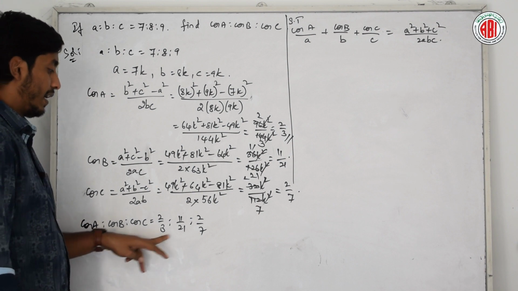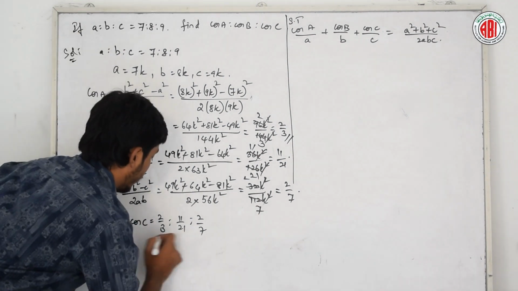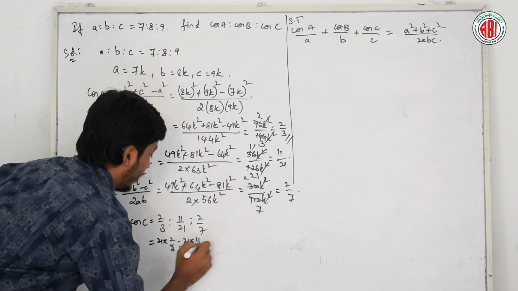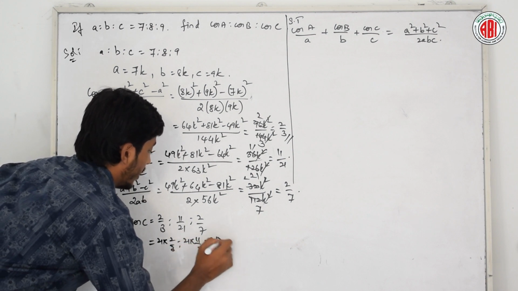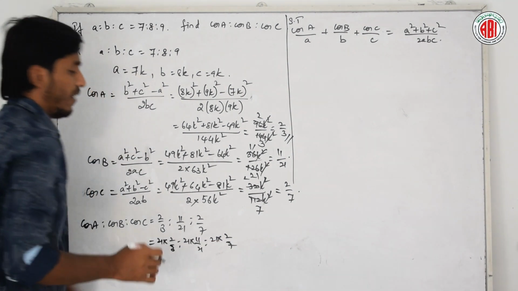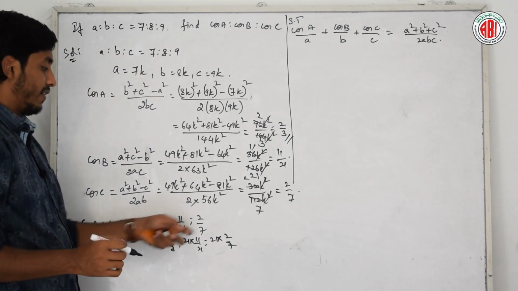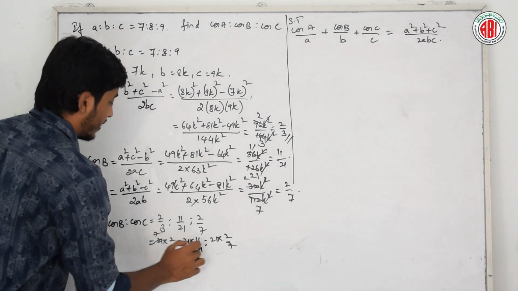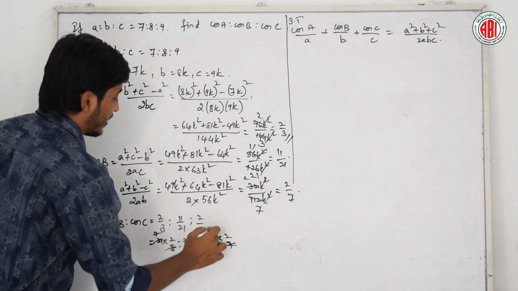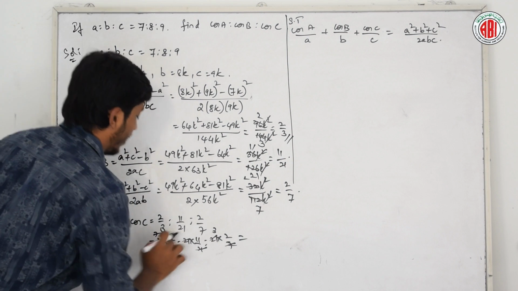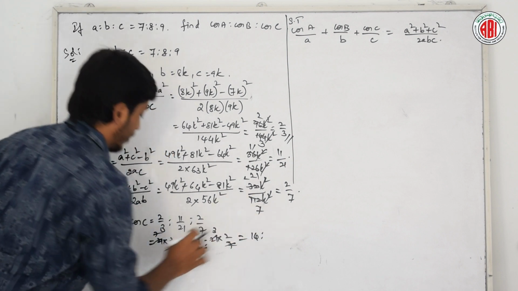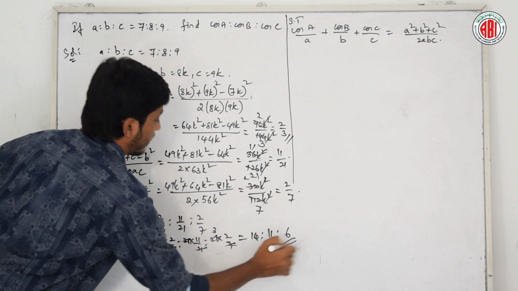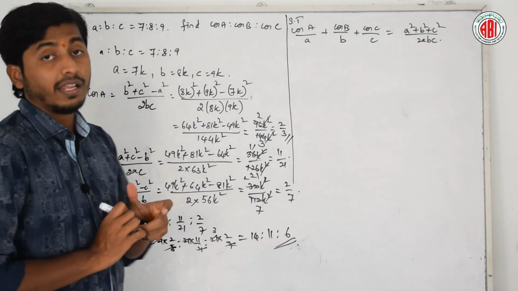If you multiply 21 to the 3 numbers, you will get 21 into 2 by 3 is to 21 into 11 by 21 is to 21 into 2 by 7. Why did we do like that? Because 3, 21, 7 LCM will be obviously 21. 3 7s are 21, 21 will get cancelled, 7 2s are 14. Therefore, my answer will be 14 is to 11 is to 6. This will be my ratio.